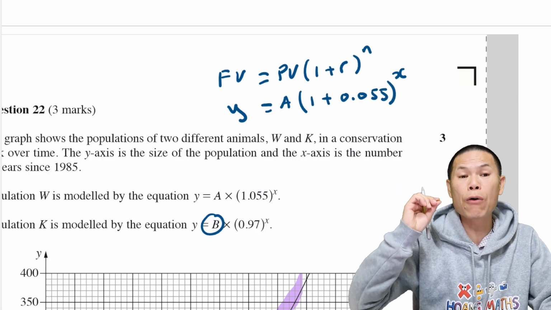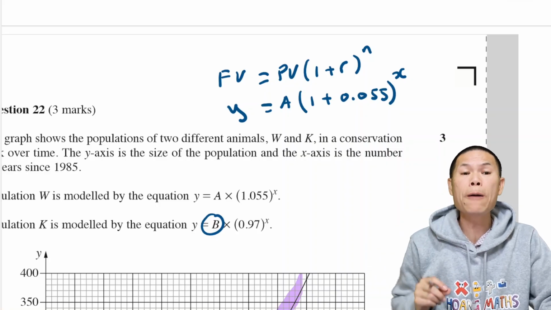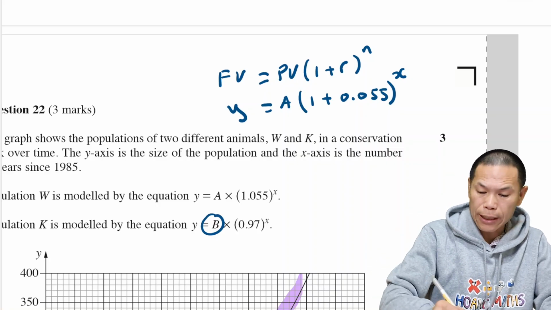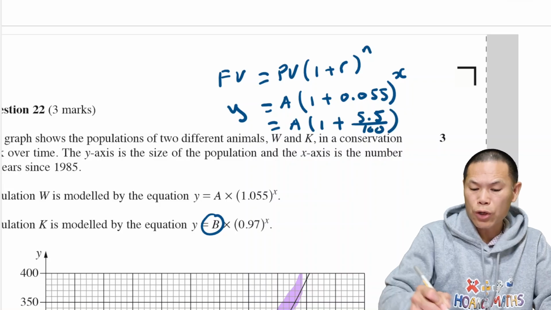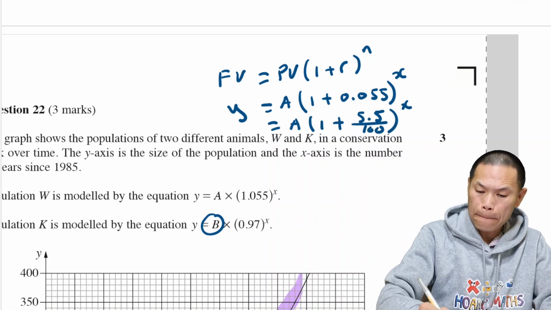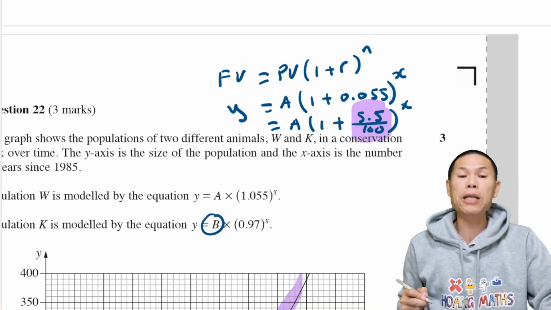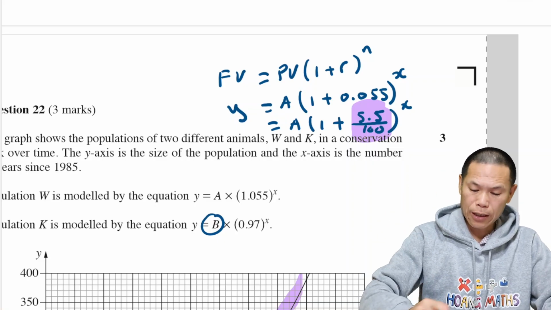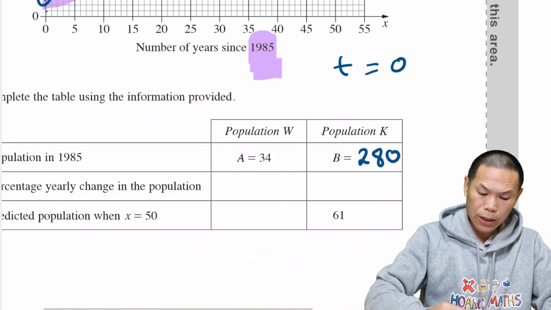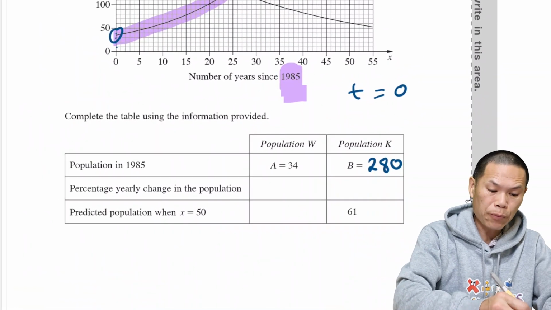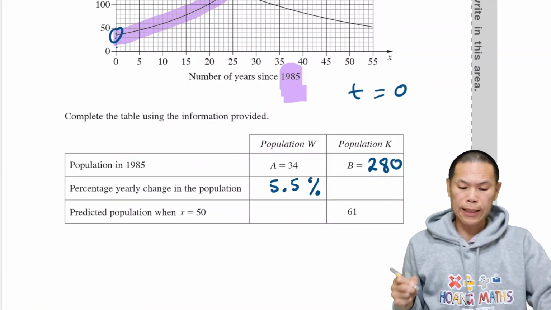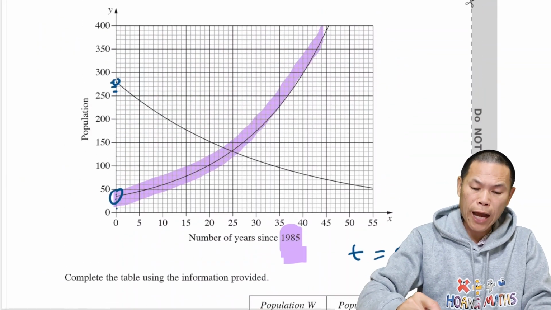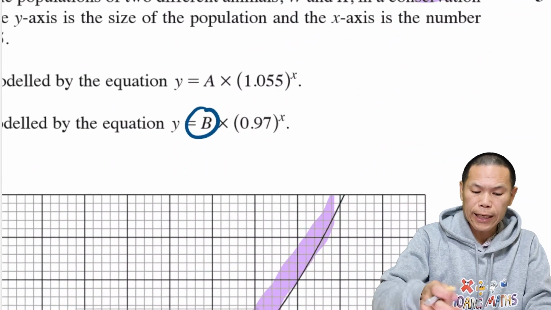And 0.055 is 5.5 over 100, right? So A times 1 plus 5.5 over 100, if you wish, to the power of x. So this is the percent. So that means 5.5%. Let me write this down before I forget. So for population W, the rate is 5.5%. It's growing, okay?